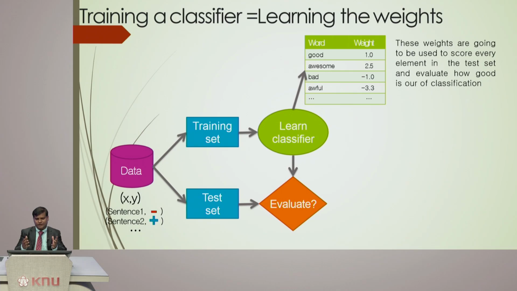So with these 80 training examples, the classifier learns how to find whether it is a positive review or a negative review. With the training set, the classifier is learning to make the decision. Of course, we also provide these weights to it, and these weights are going to be used to score every element in the test set that we are going to use for evaluation.